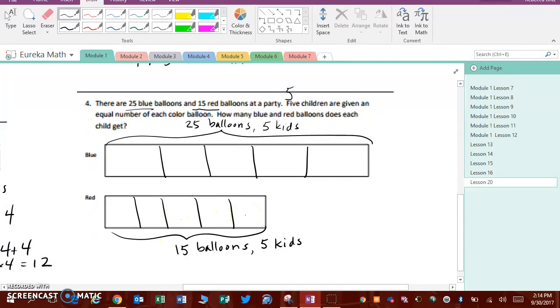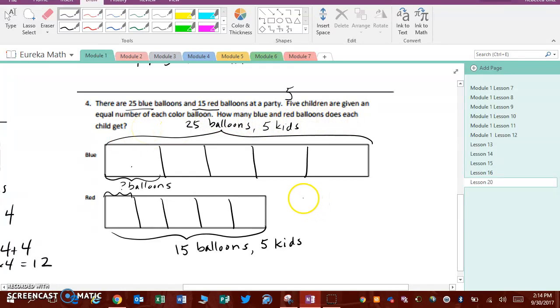We don't know how many they each get, so this part is a question mark for my balloons. And so is this. I'm going to share this label for both tape diagrams.